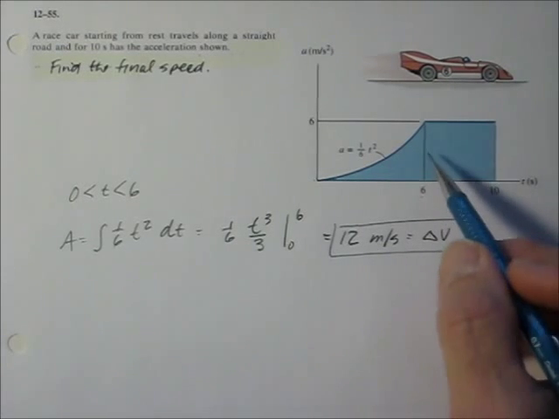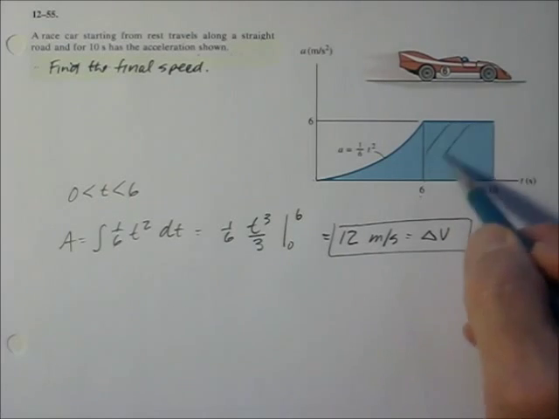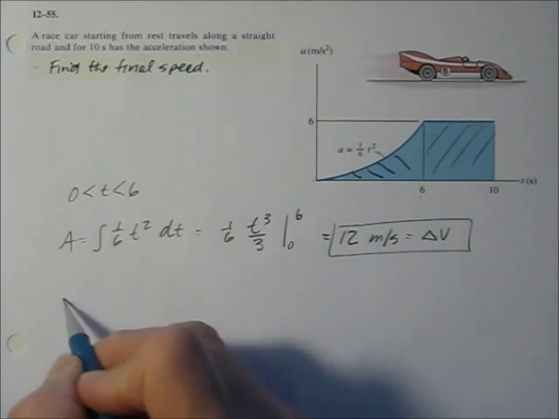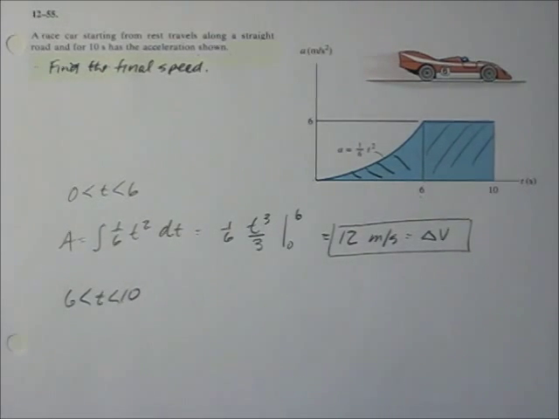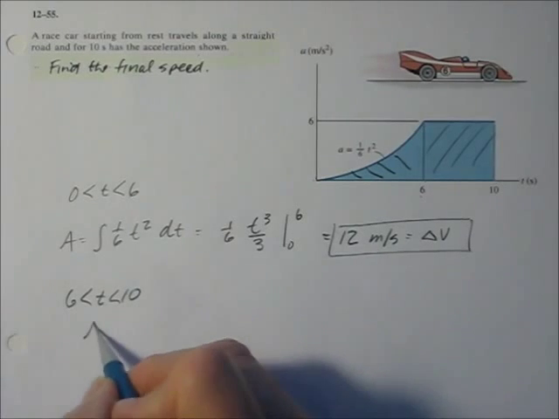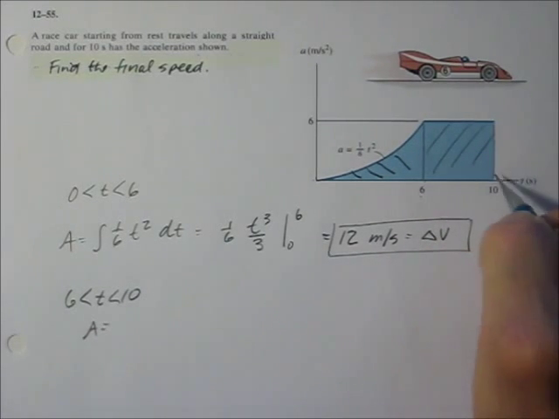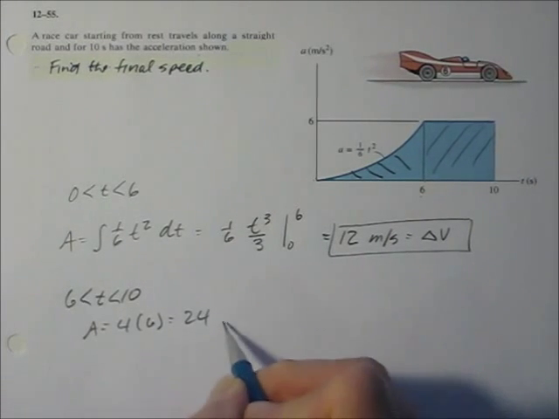All right, what would be the change in velocity between 6 and 10? Well, it would be this area. So I've got two areas under the curve that I'm going to evaluate. The area is going to be equal to, looks like 4 times 6, so 4 times 6 is going to be equal to 24 meters per second.